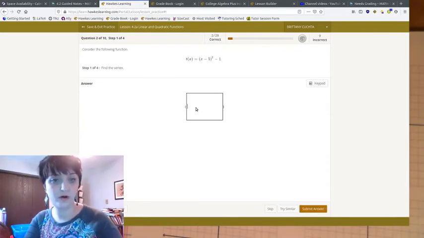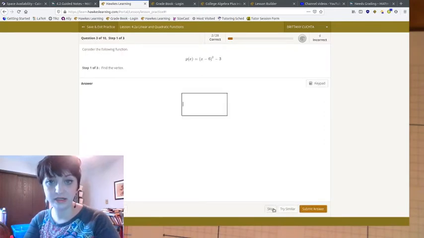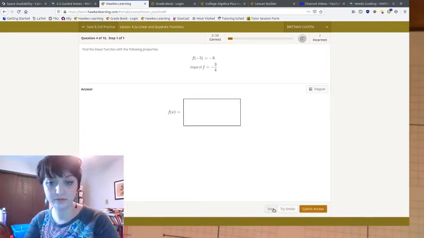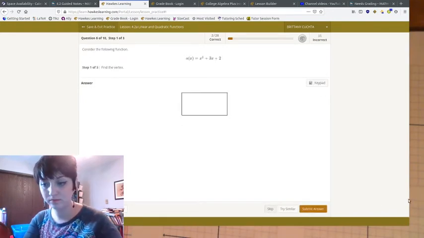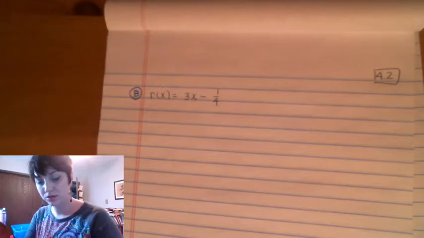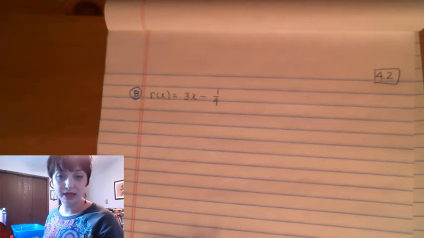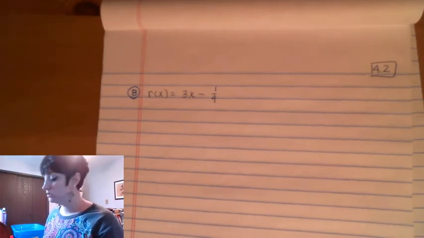Okay. So let's try one more of that type. Here's my second example, B. I want to do r of x equals 3x minus 1 over 4. Same thing.